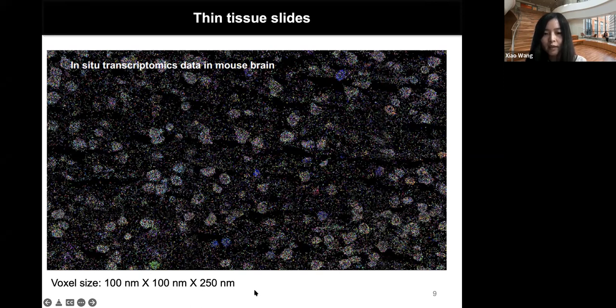This oversampling enables us to do deconvolution and restore the highest resolution spatial information out of the tissue. And because, as I mentioned, we have tissue hydrogel embedding chemistry, we can totally do this in relatively thick tissue slices.